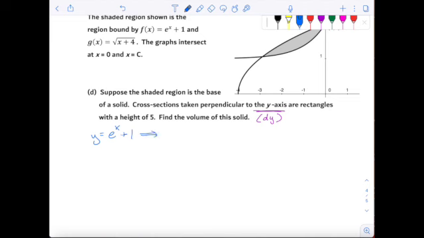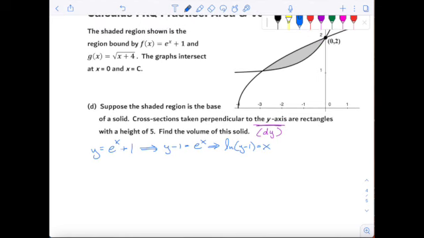let's solve this for x. So x equals what in terms of y? We subtract 1. That's e to the x. And now we take the ln, the natural log of each side. And so ln of y minus 1 is equal to x. That's just another way to describe points on this curve, but x equals ln of y minus 1.